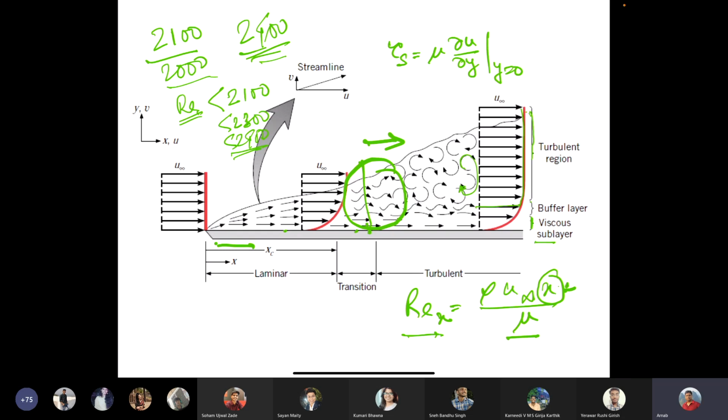In between, say 2000 to 4000, the region is transition. It's neither laminar nor turbulent, but beyond 4000, typically the flow is turbulent in a pipe flow or a flow inside a tube.